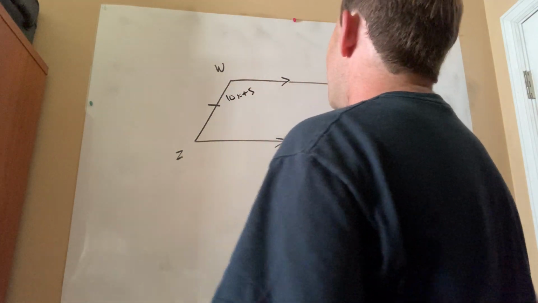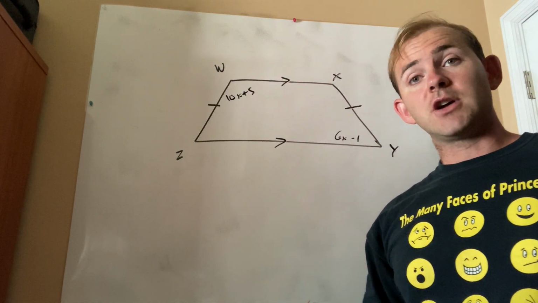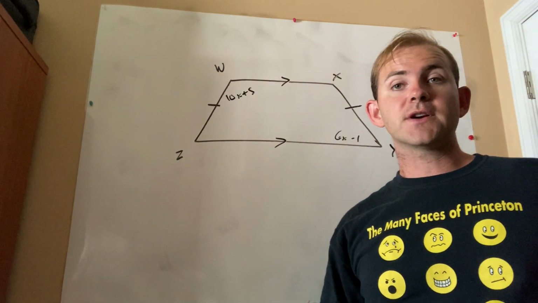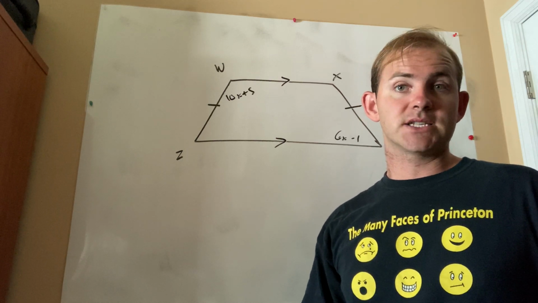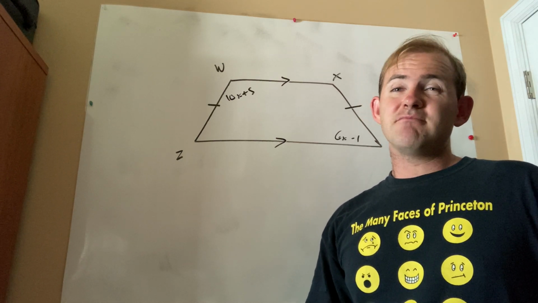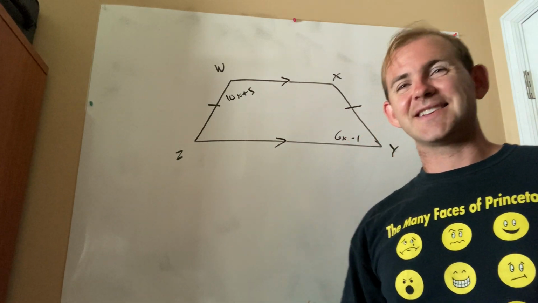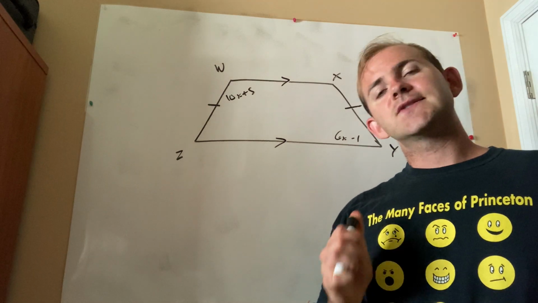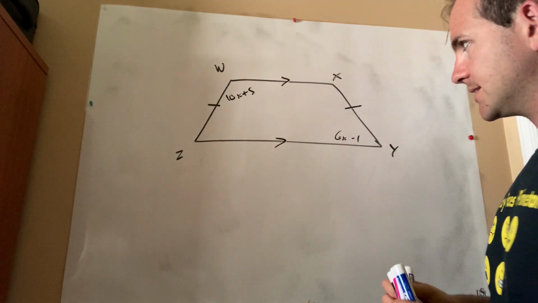Okay, now, in order to solve this problem, there are actually multiple approaches. Some people prefer to do this as a polygon interior angles problem involving n minus 2 times 180. Me, I find that to be a little bit cumbersome, meaning time wasting. So instead, I want to use a property of isosceles trapezoids.